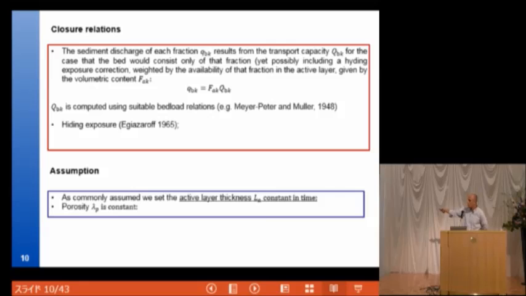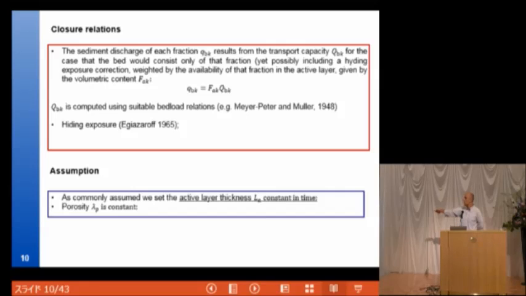These are the closure relations that I use in order to produce these results. The sediment discharge of each fraction results from the transport capacity for the case that the bed would consist only of that fraction. It's quite a common closure.